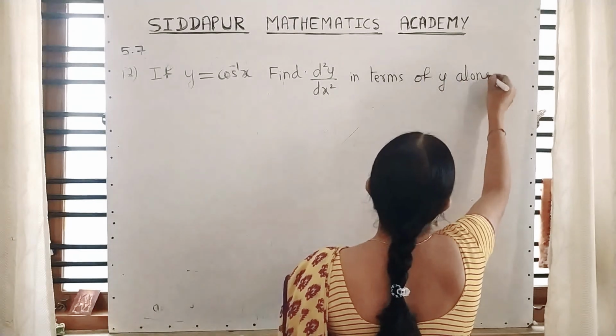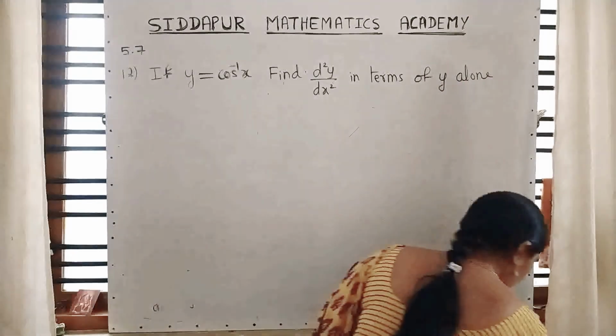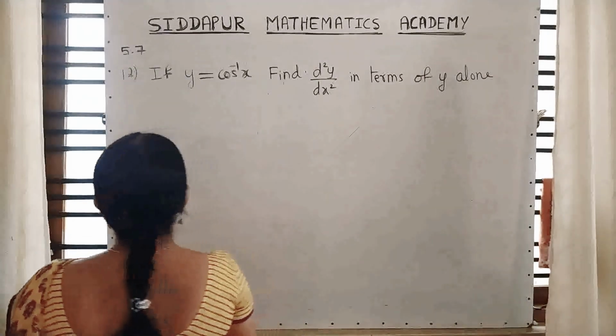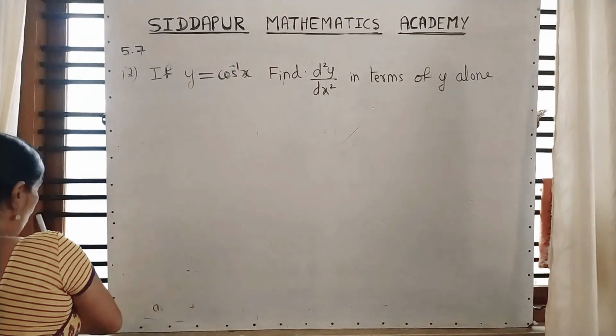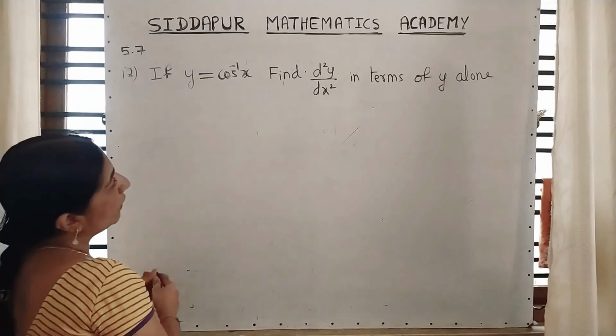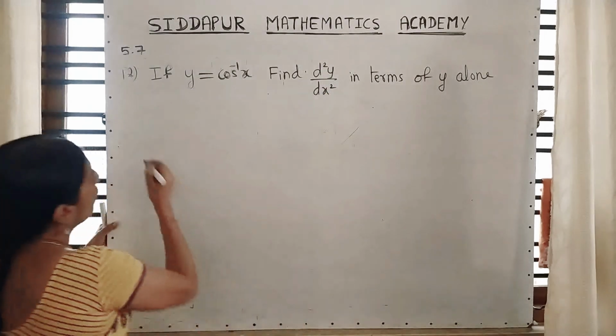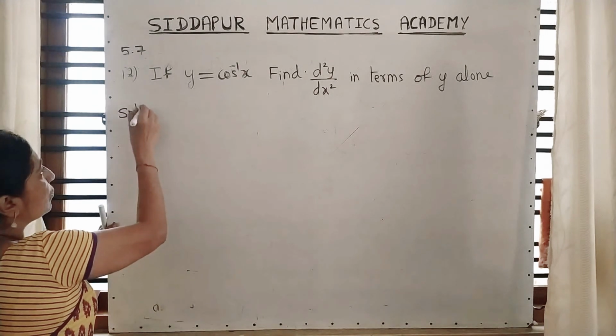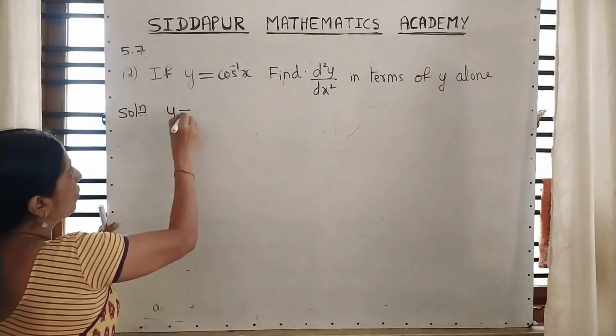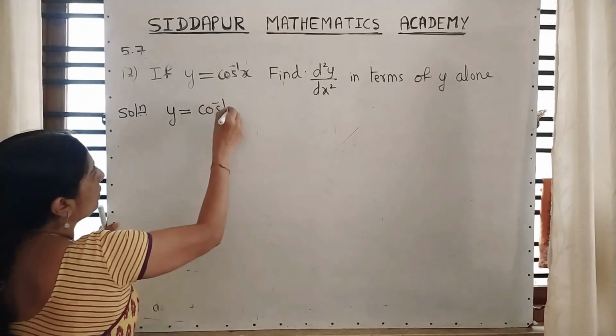That means everything should be expressed in the form of y. Read the question carefully. If y is equal to cos inverse x, find d square y upon dx square in terms of y alone.